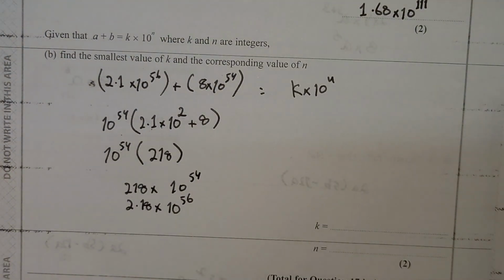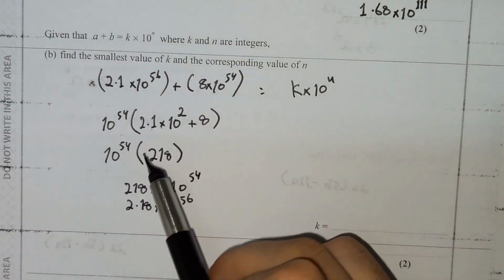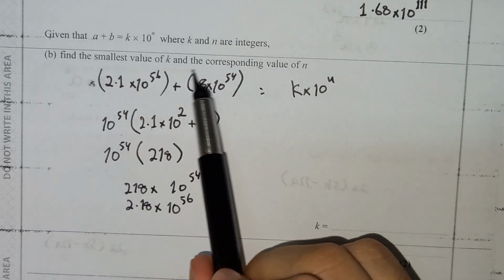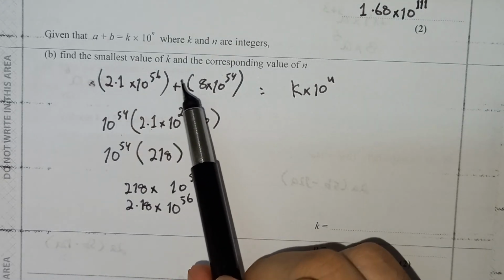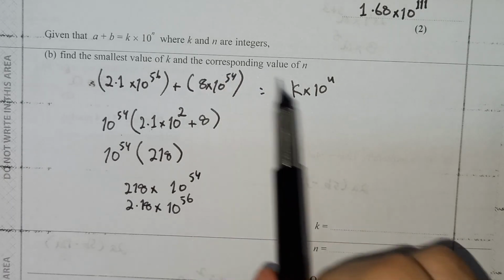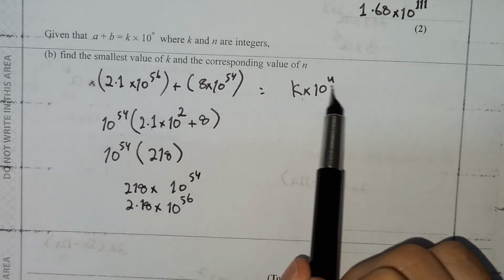Now we can see that the question said find the smallest value of k and the corresponding value of n. k multiplied by 10 raised to the power n.